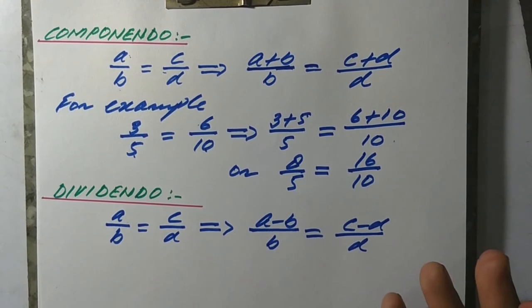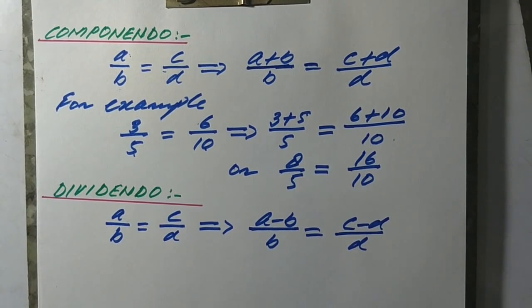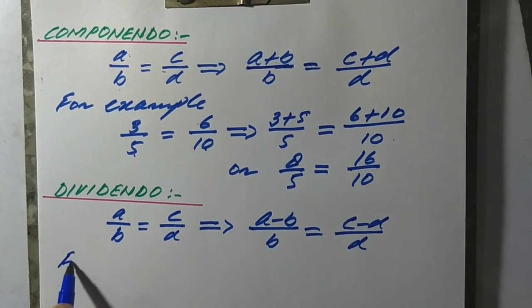So A minus B upon B is equal to C minus D upon D if A upon B is equal to C upon D. Now let's take an example.